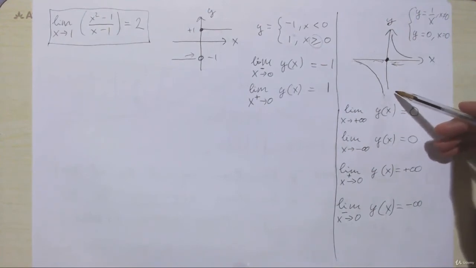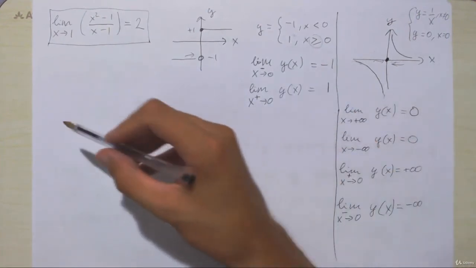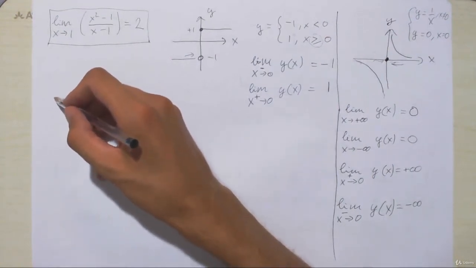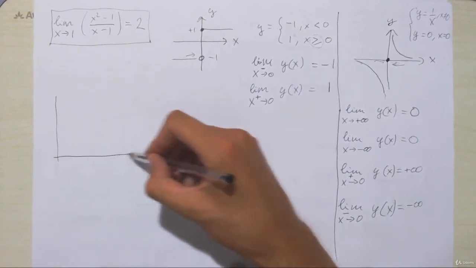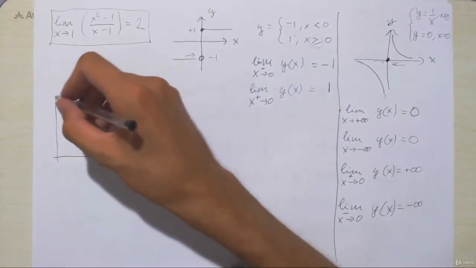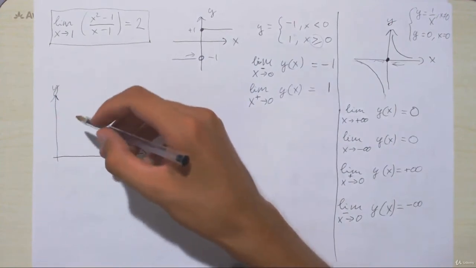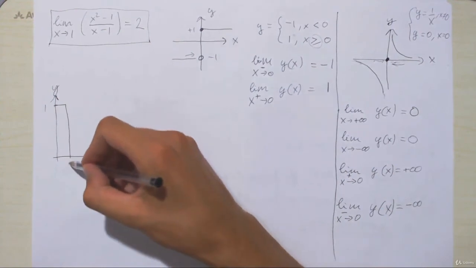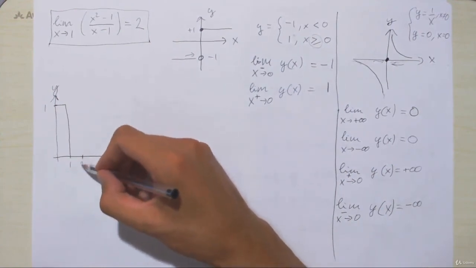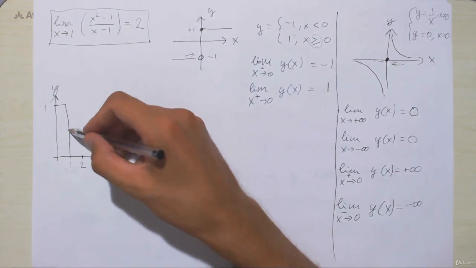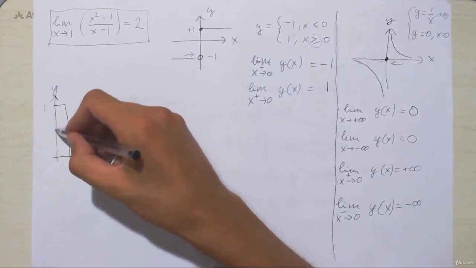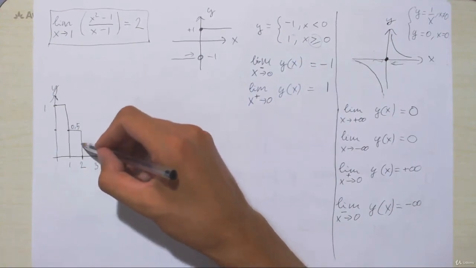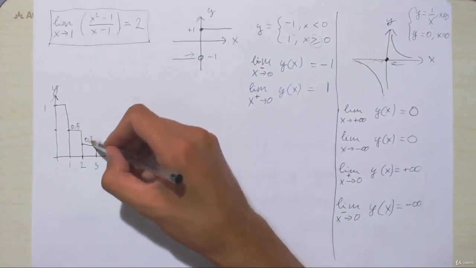And just to make it a little bit more intuitive, what does it mean that it never touches y equals 0? Well, let's say I have x here and y here, and let's say I have 1 here. So that's my first interval. For the second interval, I take half of it, and then I would have 0.5. For the third interval, I would take another half, so I would have 0.25.